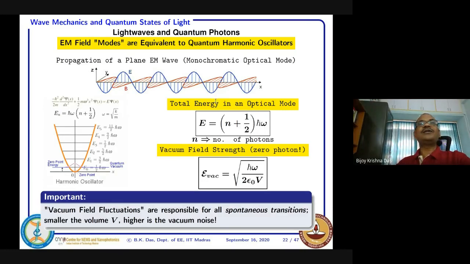It is not really accessible to you. But the quantum mechanical solution gives you that energy, that solution exists. And in fact, experimentally, it is also found that this energy exists, and because of that, you see a lot of phenomena that are experimentally observed.